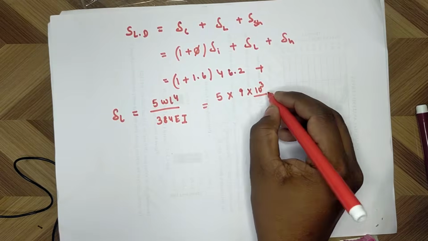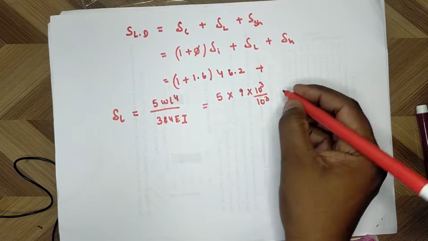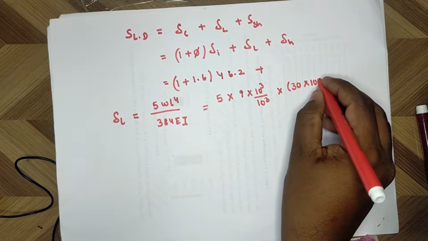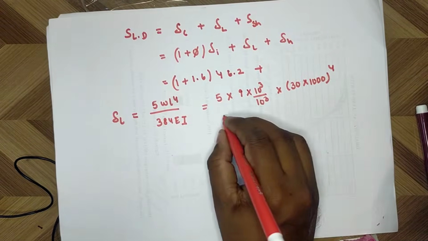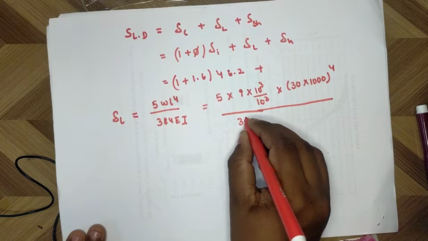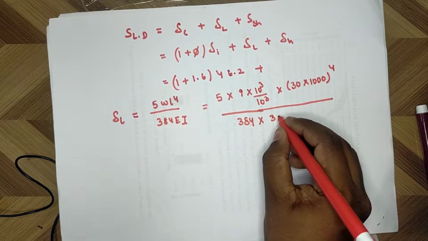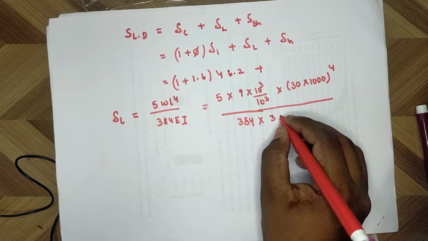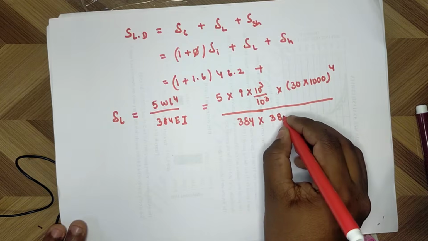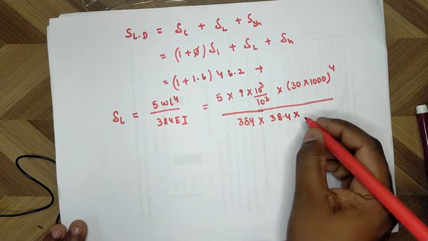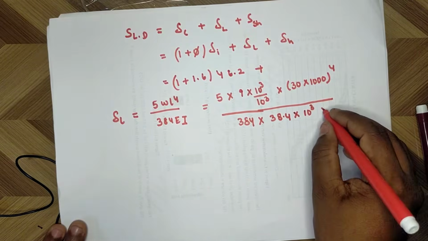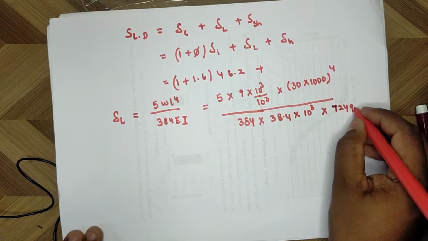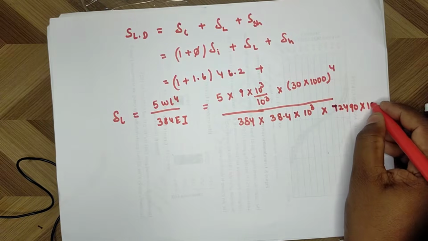Converting kilonewton, times length 30 meters, power of 4, divided by 384 times modulus of elasticity, given as 30 into 10 cube, times moment of inertia, given as 72490 multiplied by 10 power of 6.